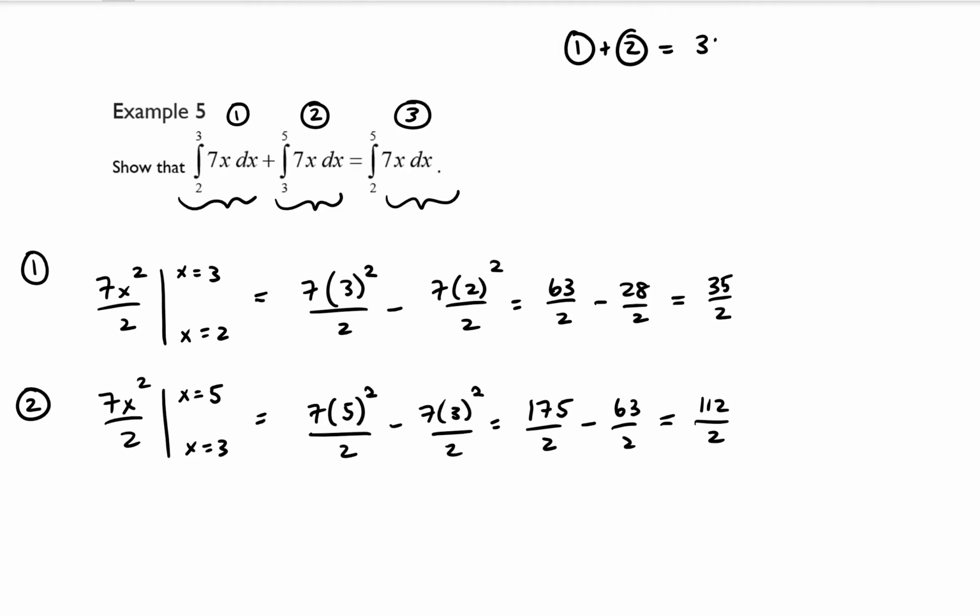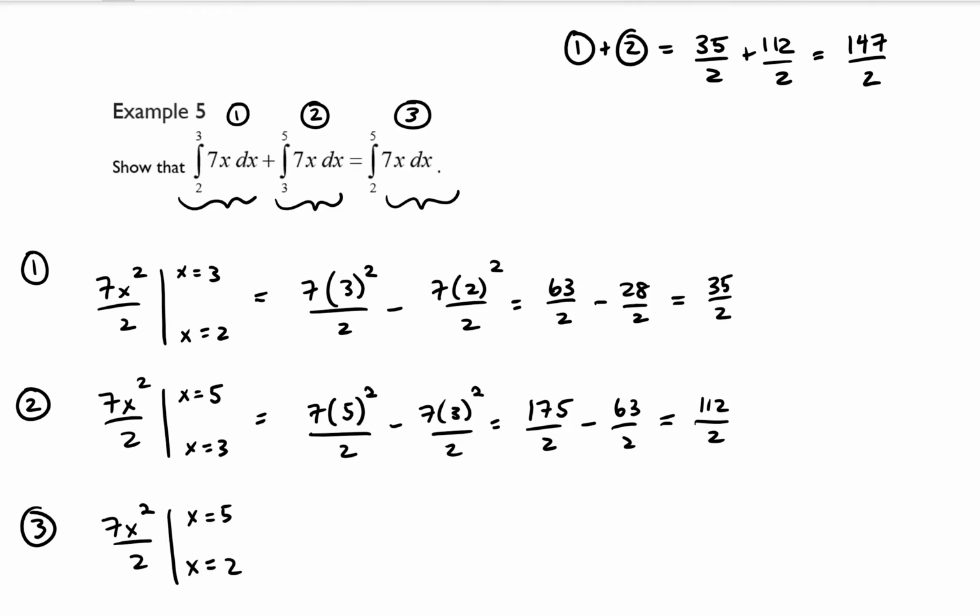And let's add 1 plus 2. That's going to equal 35 over 2 plus 112 over 2, which is equal to 147 over 2. So hopefully, if we did this correctly, our third integral will be equal to 147 over 2. But let's see. So that's going to be 7x squared over 2 evaluated from x equals 2 to x equals 5.